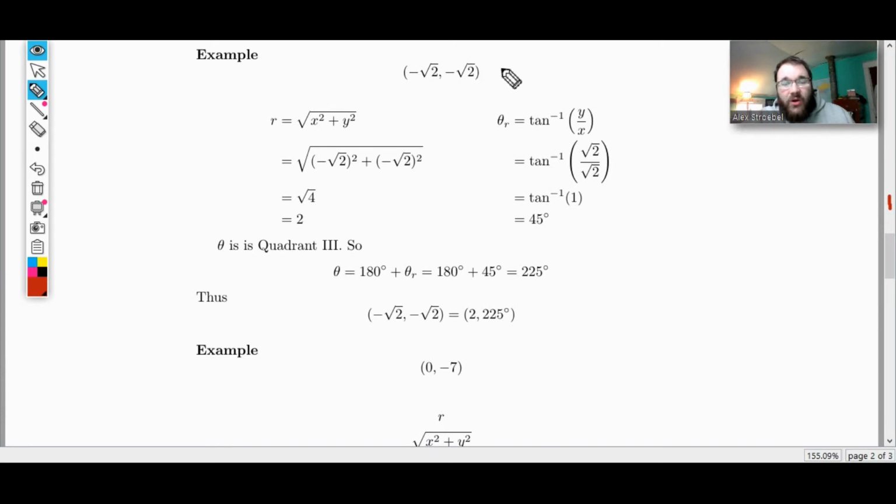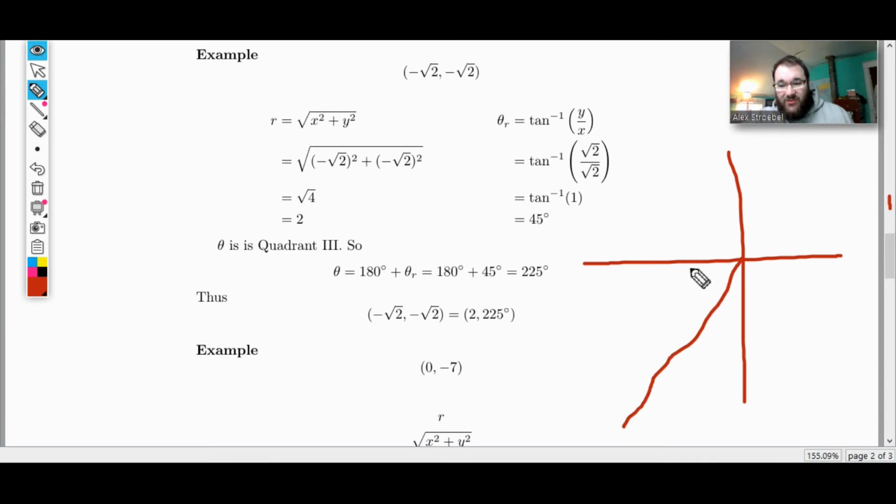We look at what quadrant this is in, and it is in the 3rd quadrant, right down here. Our reference angle is 45, so the theta we want to have is going to be 180 plus 45.